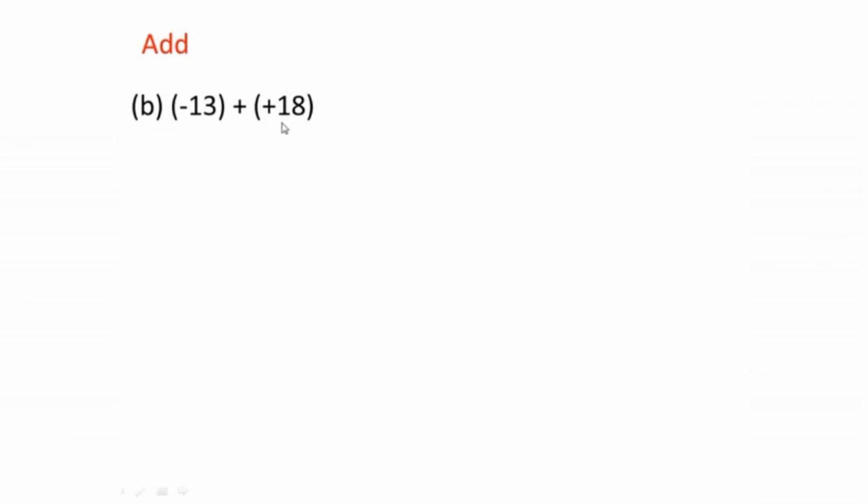Let's see one more. Minus 13 plus of plus 18. Let's see the first method. Minus 13 plus 18. You know that one has plus and another has minus. If one is plus and another one is minus, what do we need to do? Subtraction. But look at the operation name. The operation name is add.